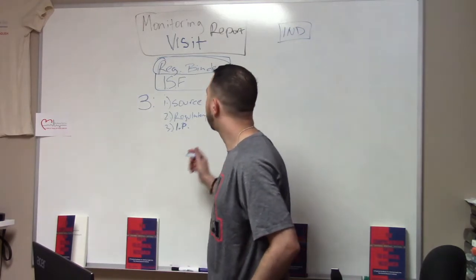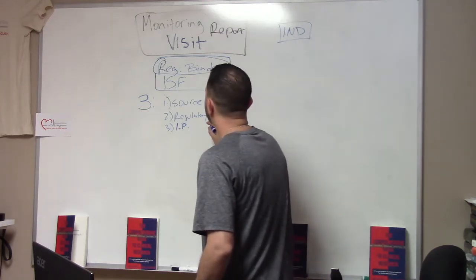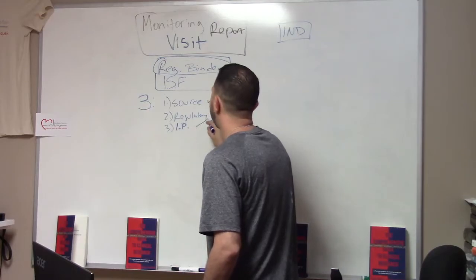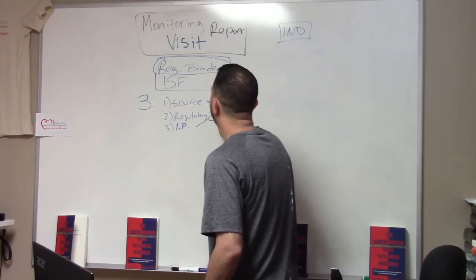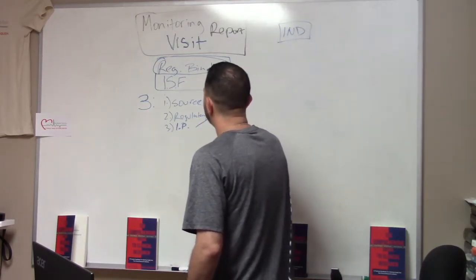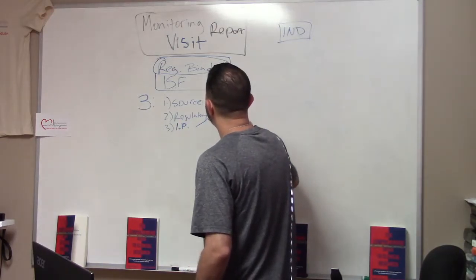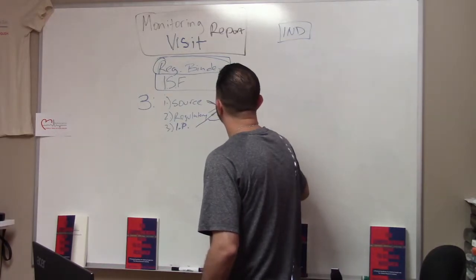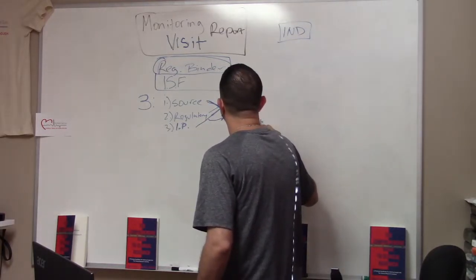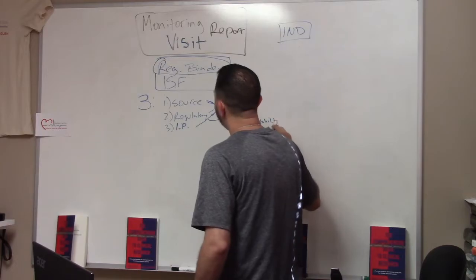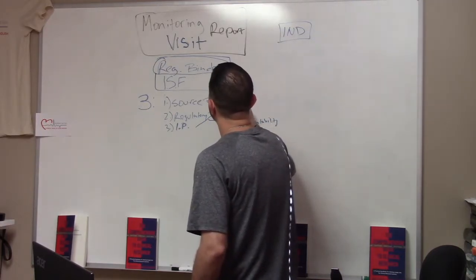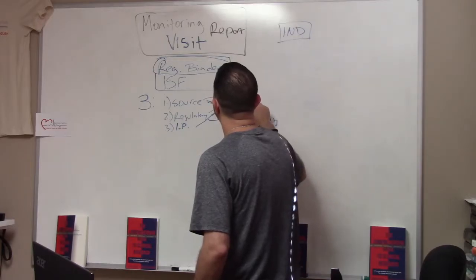In this example it would be IP, source, and regulatory all at once. Usually in the regulatory binder there's a master IP accountability log, while at the same time each subject has their own individual subject IP accountability log.